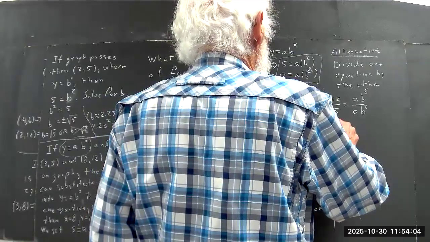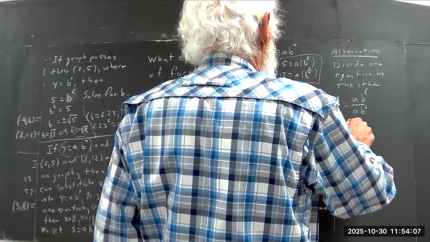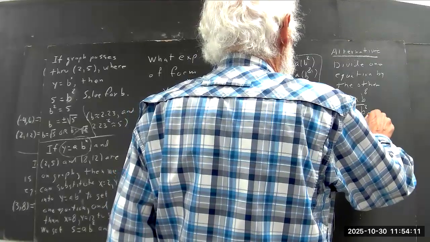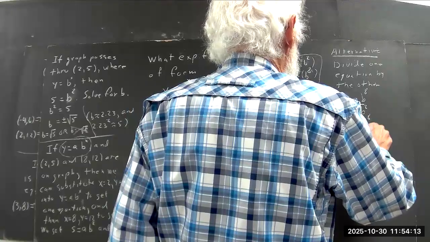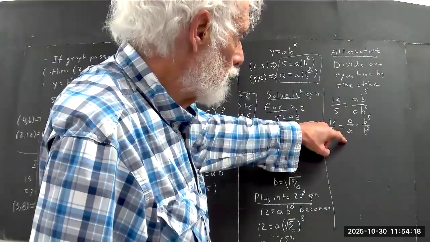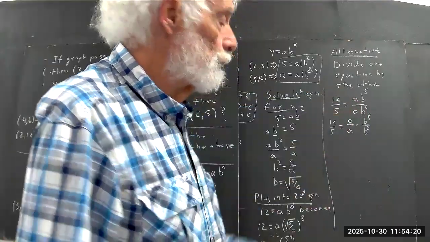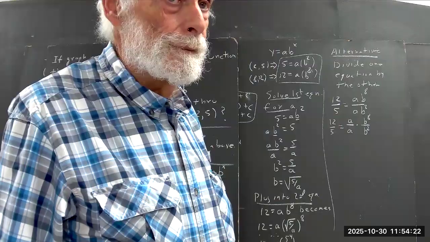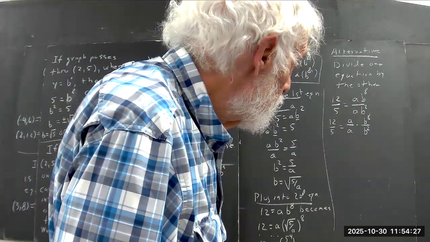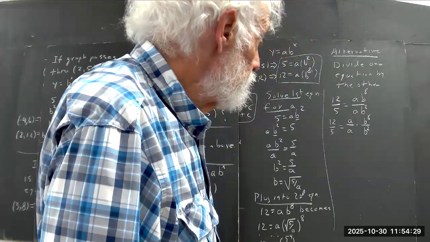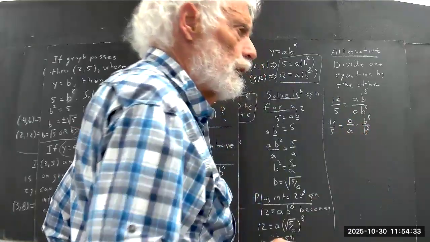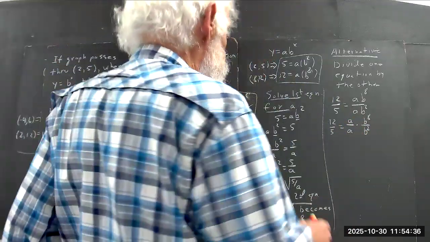Let's just write out. This could be written as A over A times B to the 8th over B squared. Well, what's A divided by A? 1.